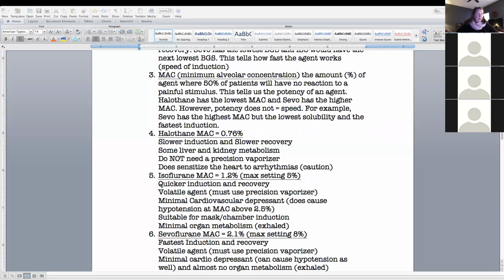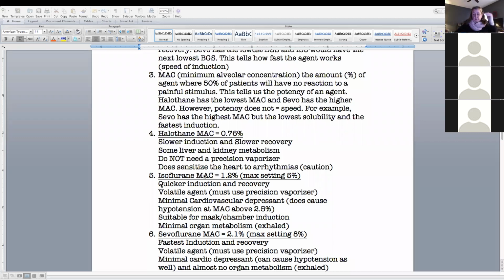Now, isoflurane is the one I talk about the most, because that's what everybody's really using currently. Isoflurane is a highly volatile agent. It definitely needs a precision vaporizer. Remember, I said if you put isoflurane on a cotton ball, in a mask, or in a jar open to the air, you could reach up to 30% isoflurane.